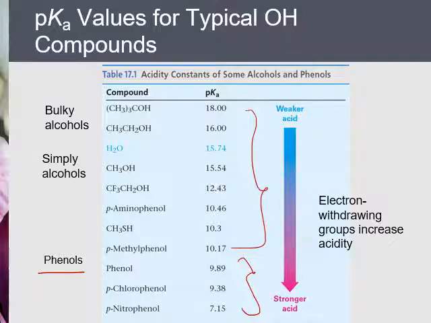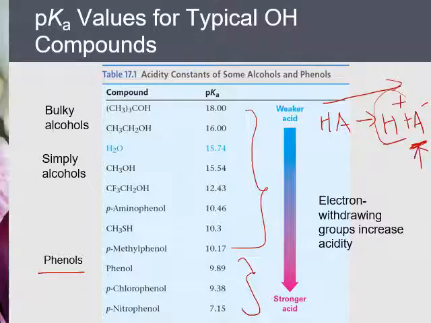Remember, a compound is an acid if it can deprotonate and form an anion. The more stable this anion is, the easier it is for the reaction to proceed, and the more protons it can generate, the stronger the acid. So we look at the stability of the conjugate base of this acid.